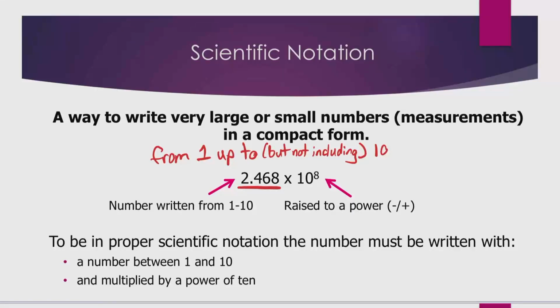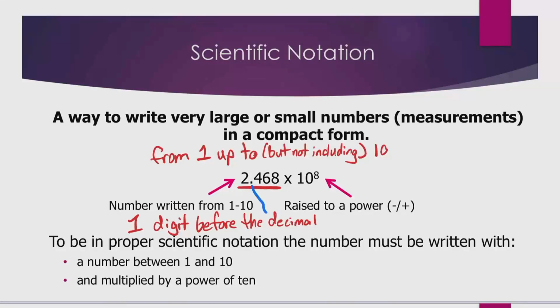So a 9 with as many 9s as you can imagine after it, that's as far as we go. So we're looking for one digit before the decimal. Before that dot, one number, only one number. That's why I said we can't have 10, but we can go to 9 with a lot of 9s after it. So 1, 2, 3, 4, 5, 6, 7, 8, or 9. No zeros in front of our decimal.